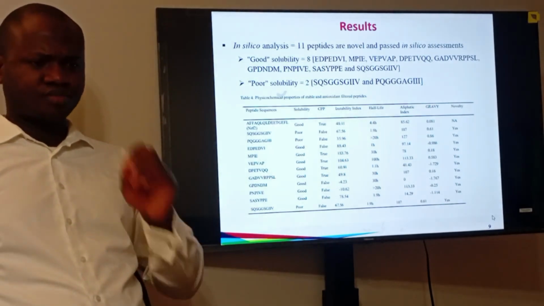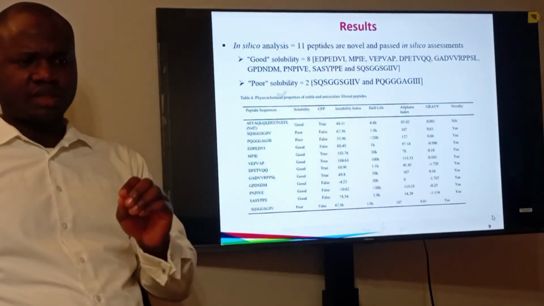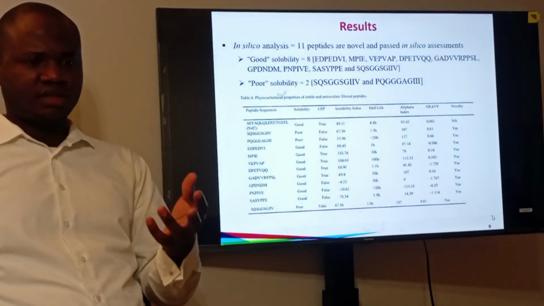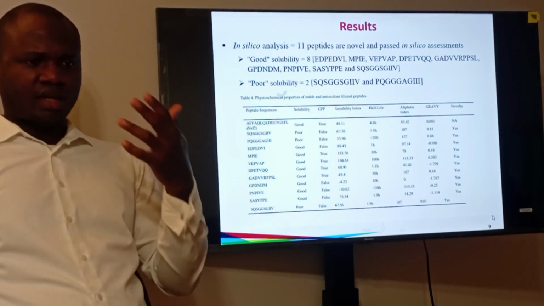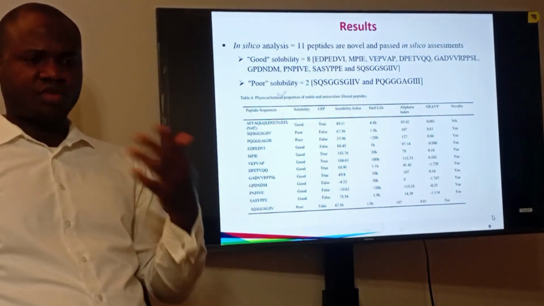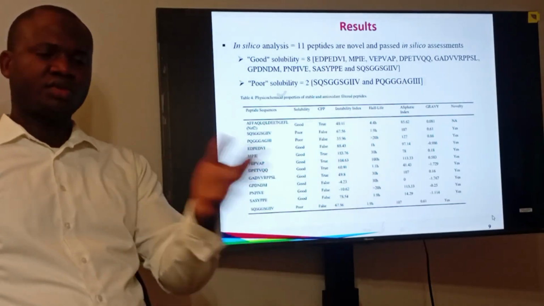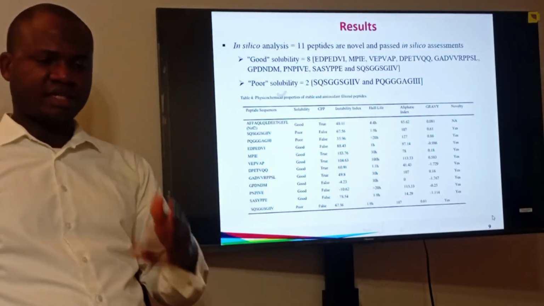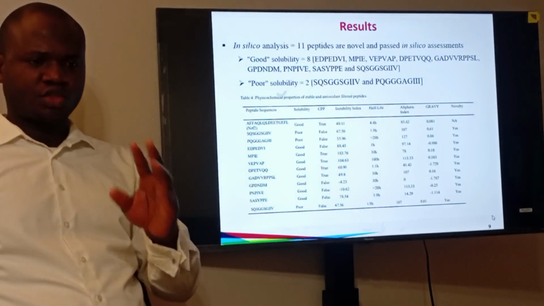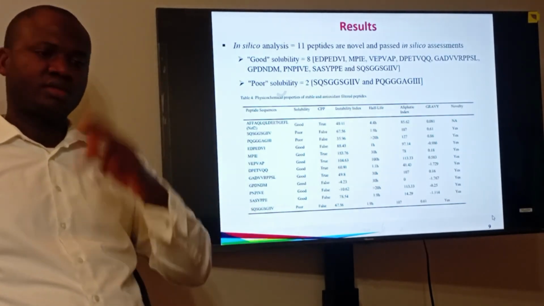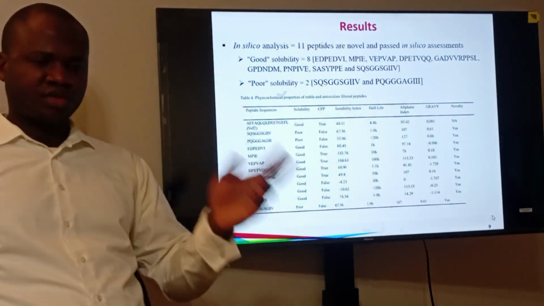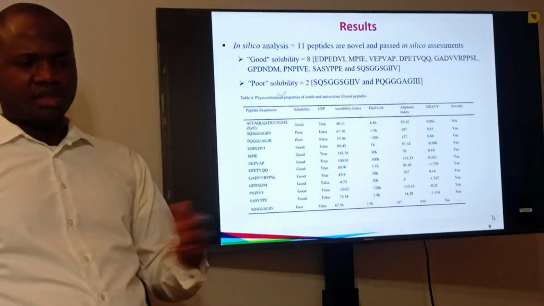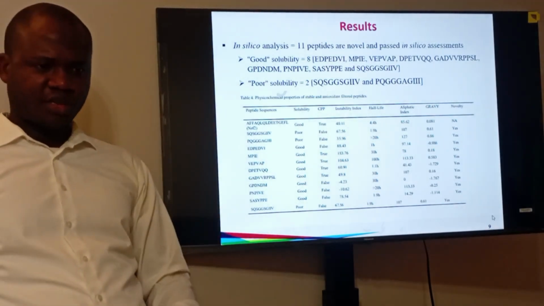So 8 were found to have good solubility, that is, they will favor oral routes. Only 2 were found to have poor stability, but they passed all the other assessments, they just were not soluble. So that is not bad, as they can still undergo optimization or be subjected to different routes of administration.